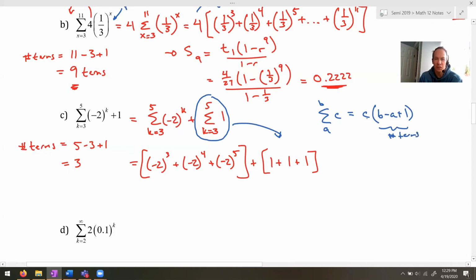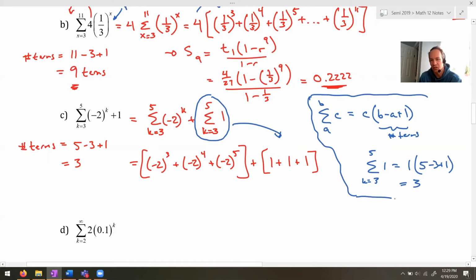In this case, it would be 1. It goes from 3 to 5, so this would become 1 multiplied by 5 minus 3 plus 1. Anyway, that's equal to 3. I feel like that's almost overcomplicating something relatively simple, but if you're really into a general formula for this whole kind of thing, you can use that.